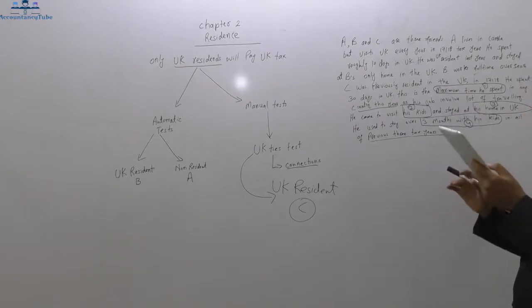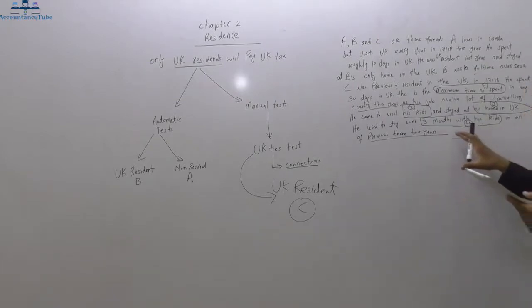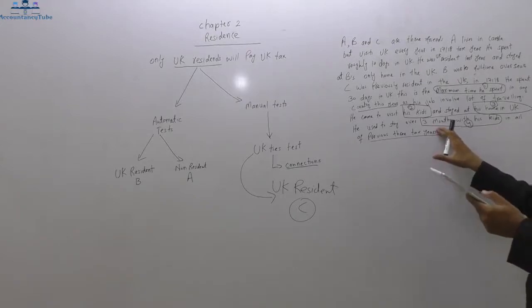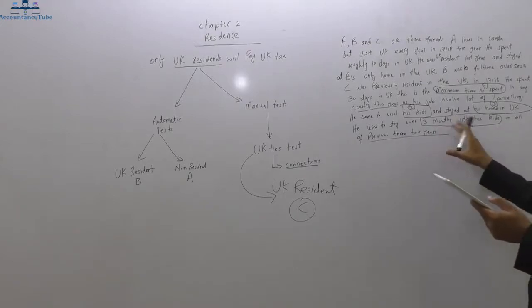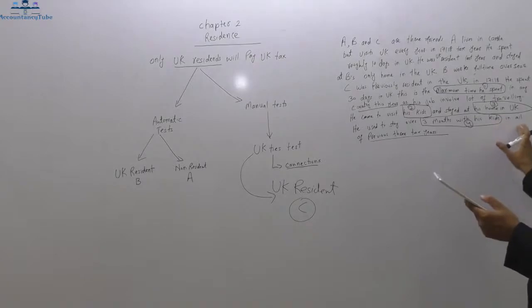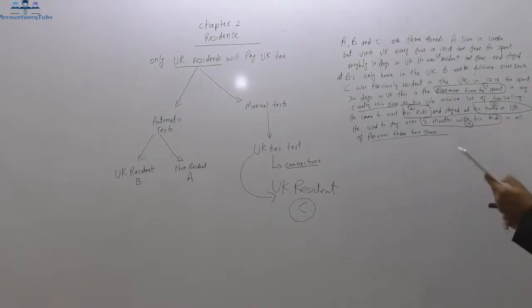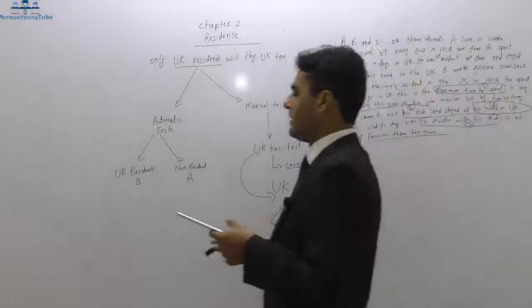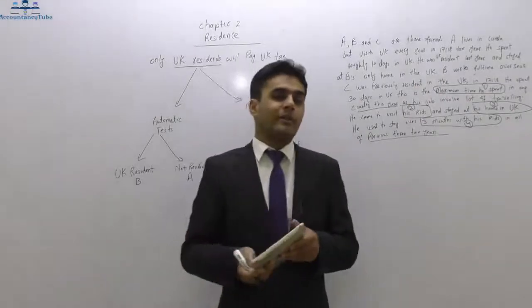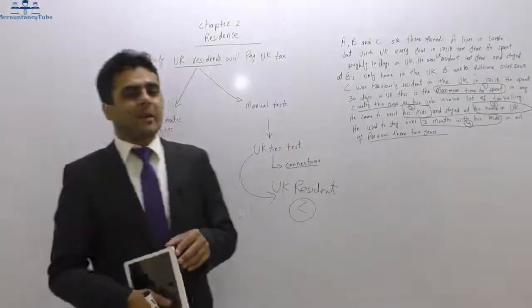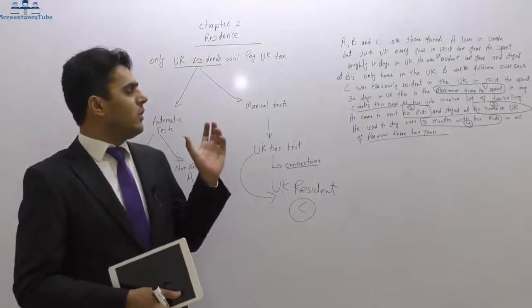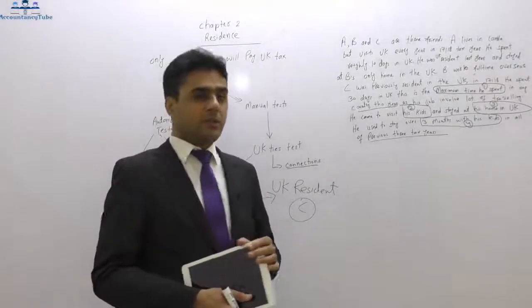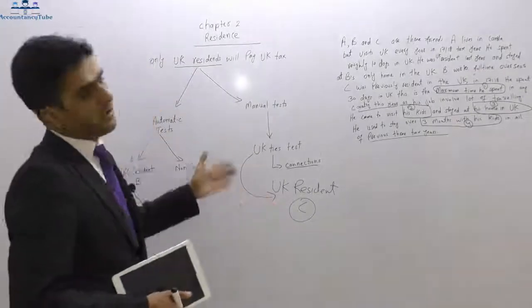So he spent over 3 months in the previous tax years. So that is another tie. And last one, spending more time in the UK than in any other country in the tax year. He spent more time in the UK than in any other country because his job requires a lot of traveling. He's a busy man. All right, so C is basically resident with the help of UK ties.